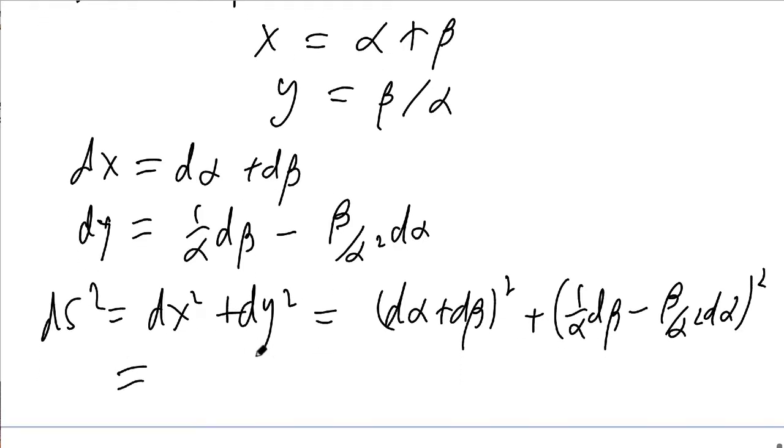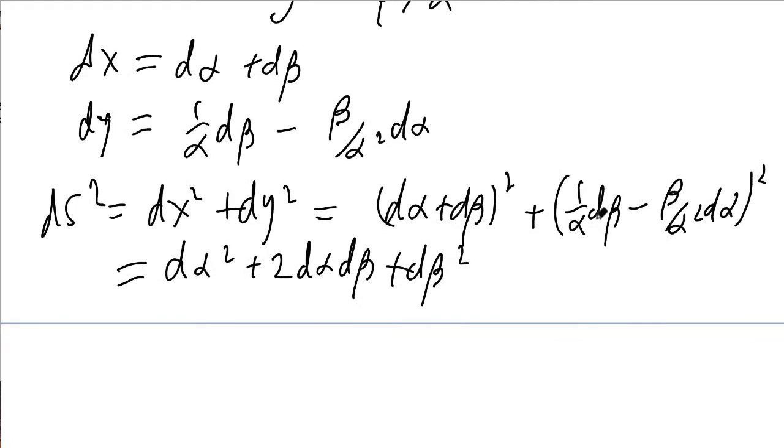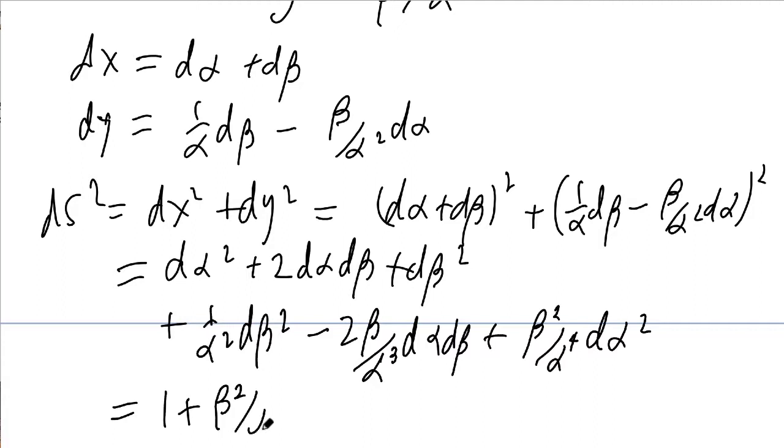And we can multiply that out. Let me go ahead and do that. This is d alpha squared plus 2 d alpha d beta plus d beta squared. And from the second term we have 1 over alpha squared d beta squared minus 2 beta over alpha cubed d alpha d beta, that's the cross term, plus beta squared over alpha to the fourth d alpha squared. And we can collect these terms together. The d alpha squared terms look like 1 plus beta squared over alpha to the fourth d alpha squared.